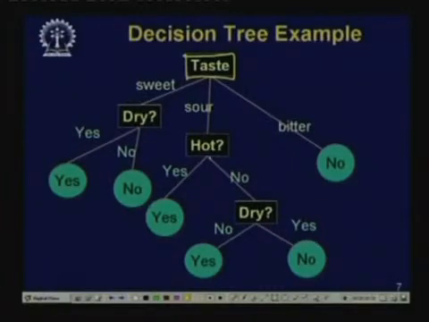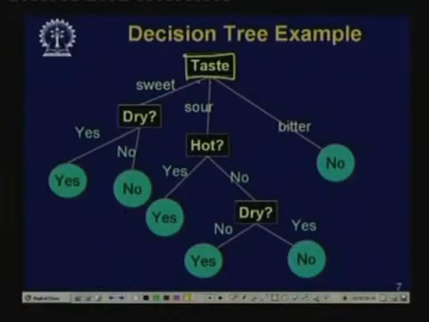If taste is sour, then the attribute hot is checked. If hot is yes, then the food is liked. If hot is no, then you check the attribute dry. If dry is no, the food is liked. If dry is yes, the food is not liked. If taste is bitter, the food is not liked. So, this is an example of another decision tree.